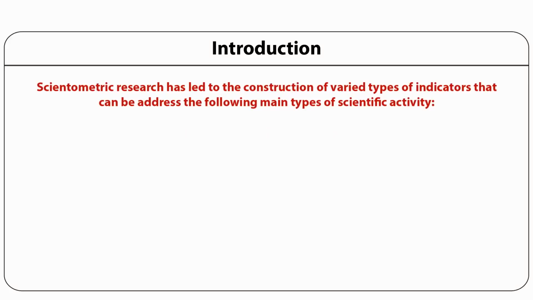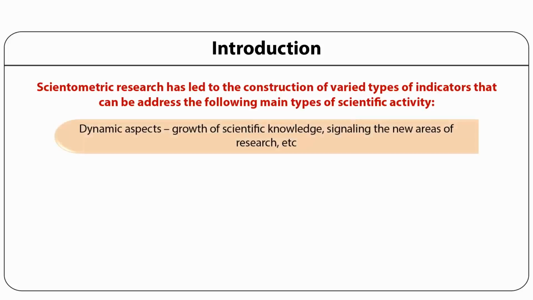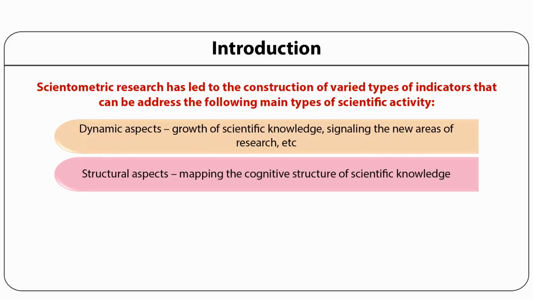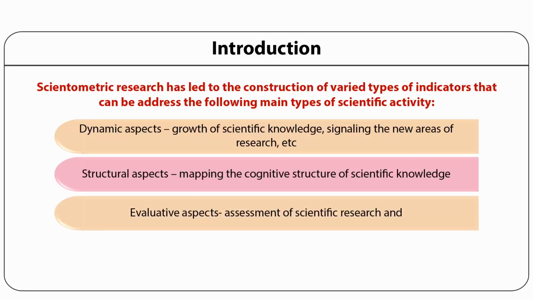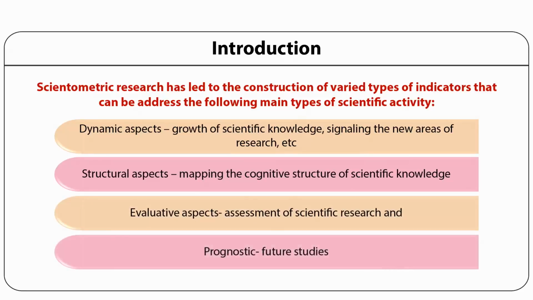Scientometric research has led to the construction of varied types of indicators that can address the following main types of scientific activity: dynamic aspects, growth of scientific knowledge, signaling the new areas of research; structural aspects, mapping the cognitive structure of scientific knowledge; evaluative aspects, assessment of scientific research; and prognostic aspects, capturing future trends.